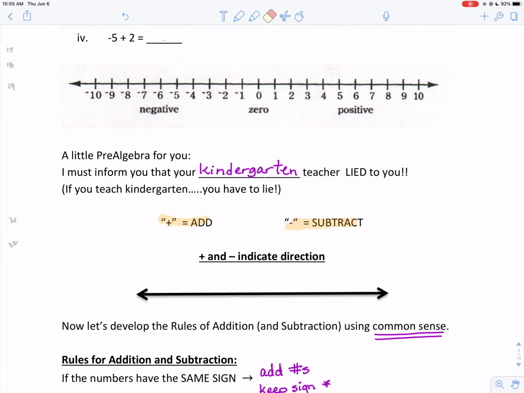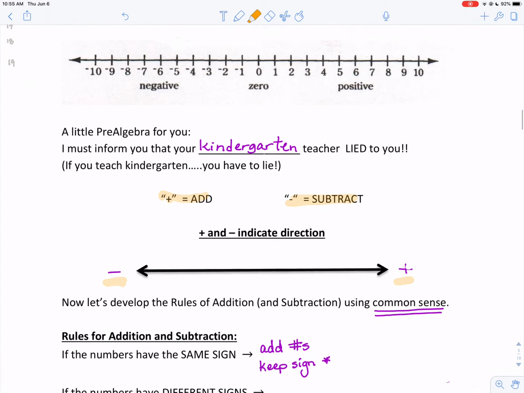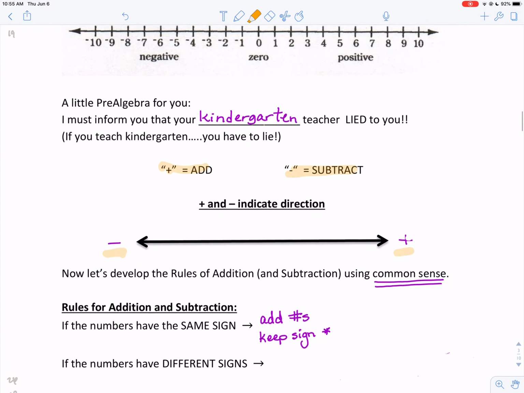But that's not the case. It just tells you the direction. Plus is in the positive direction and minus is in the negative direction. That's why we need rules, because plus doesn't always mean add and minus doesn't always mean subtract. But we do know when to add, right? We add when the numbers have the same sign.